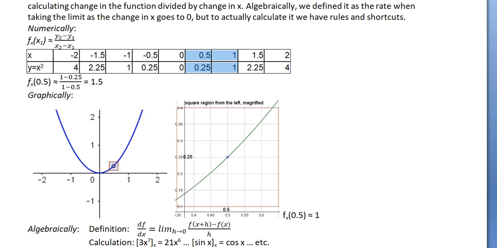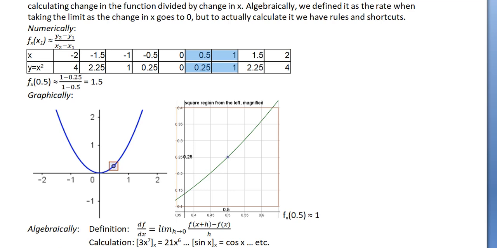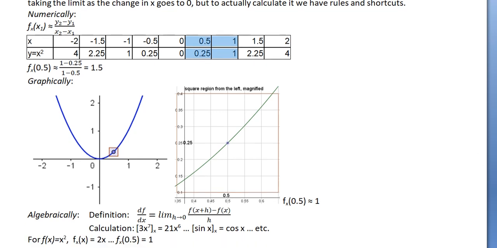We have all these different rules for calculating the derivative. The derivative of 3x to the 7 is 21x to the 6. The derivative of sine x is cos x, etc. And so for f of x equals x squared, the derivative is 2x. Therefore, at the point where x equals 0.5, the derivative is 1.